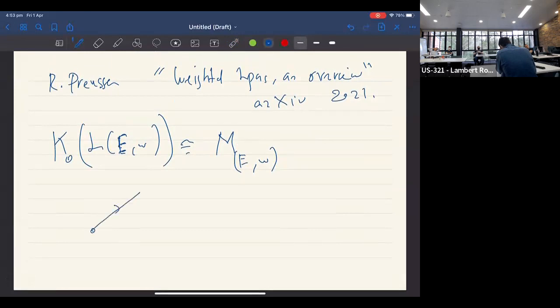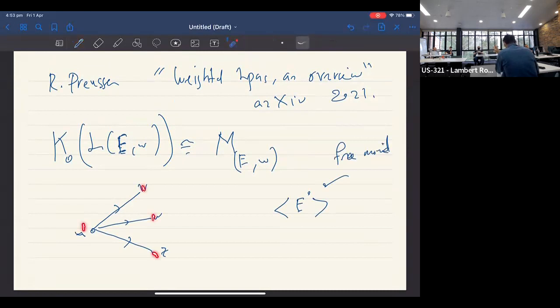So imagine this is your graph, U, V, W, Z. So as before, you just generate a free monoid using the vertices, so this, and this. Now, previously you said this is the sum of this one, right? So previously you said U is V plus W plus Z. Now you have a weight.